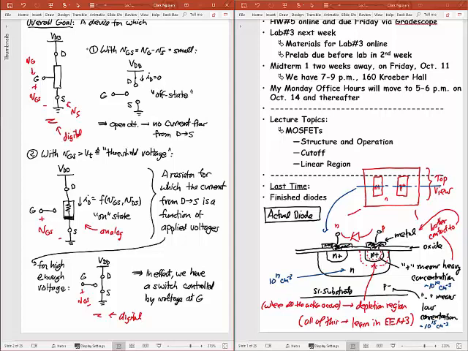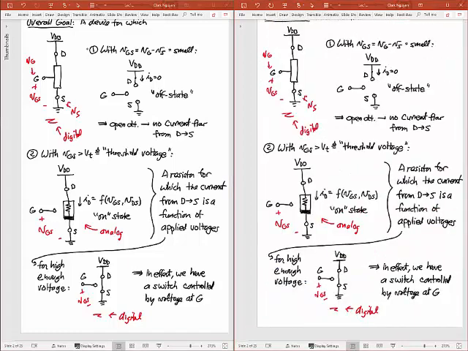So immediately with transistors, one thing you have to think about is that they have regions of operation. They have this cutoff region, they have this medium region, and they have this fully on region. And we'll talk more about regions of operation later on. But now let's get back to our discussion of the MOS transistor.